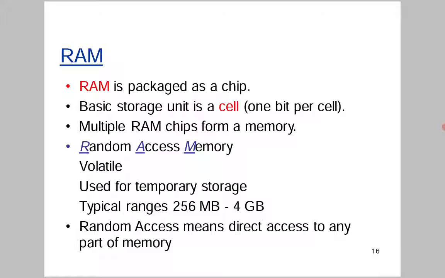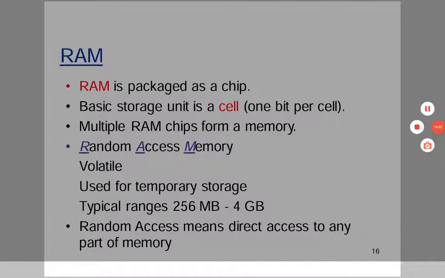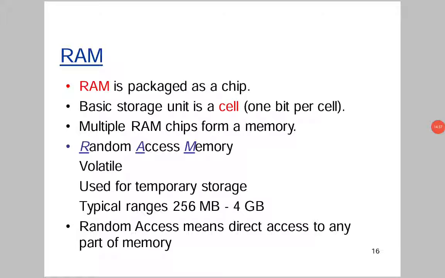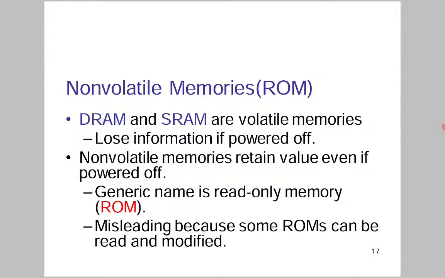Random access means we can directly access any part of the memory, any program or instructions from the internal memory, so that it is very high speed memory. They are very costly and limited memories.